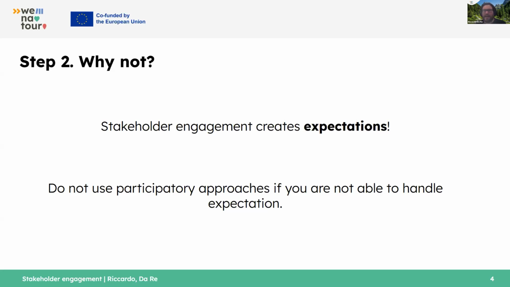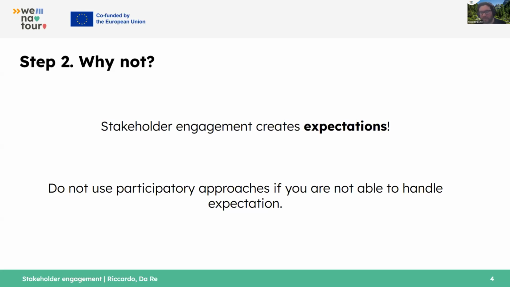Okay, and there are several reasons for why not, but for me, what summarizes everything is that stakeholder engagement creates big expectations on people, and if you are not able to handle the expectations, the risk is that you lose your credibility and you generate frustration. Okay, and it's better to avoid stakeholder engagement because maybe sometimes you already know the solution, or maybe the initial objective was not clear, or maybe it's a rhetoric, a false promise of participation.